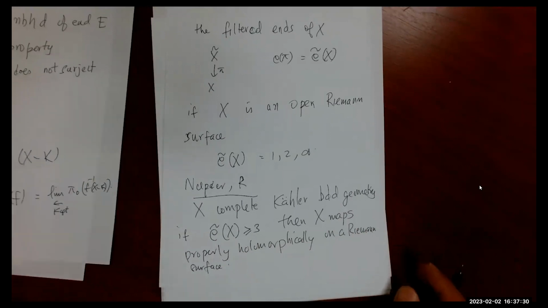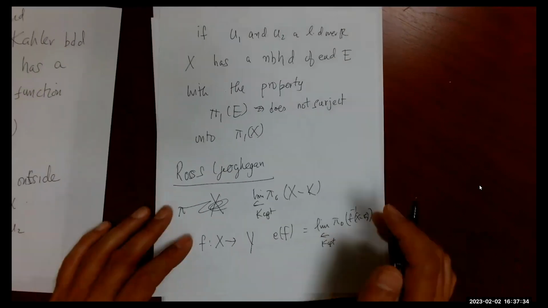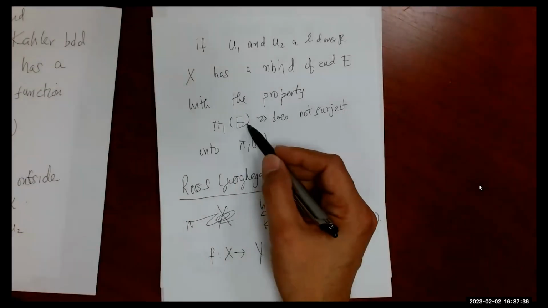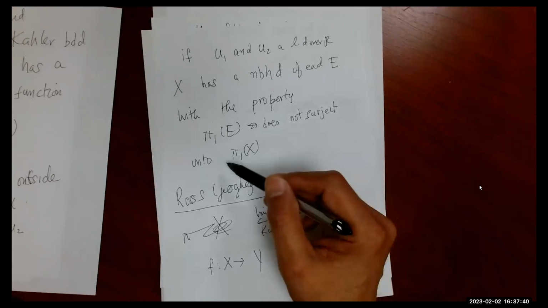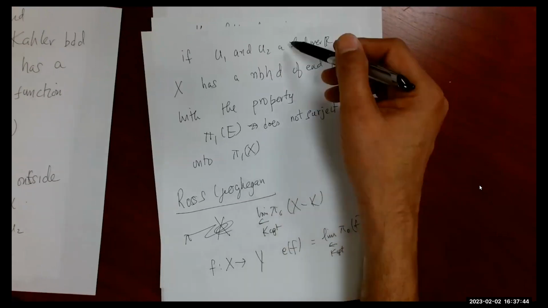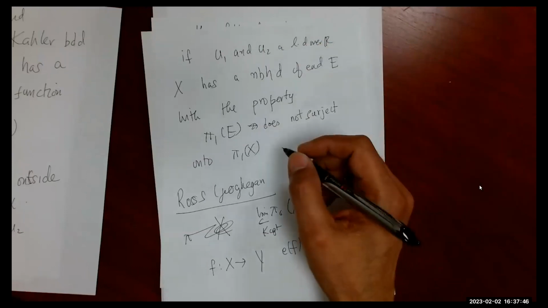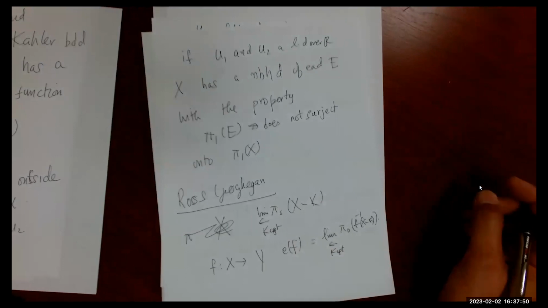Interestingly enough, in that Bochner-Hartogs dichotomy, where I was showing that the neighborhood of this end has pi 1 that does not surject onto pi 1 of X, you can show in that situation, where U1 and U2 are linearly dependent, that X maps properly onto a Riemann surface.